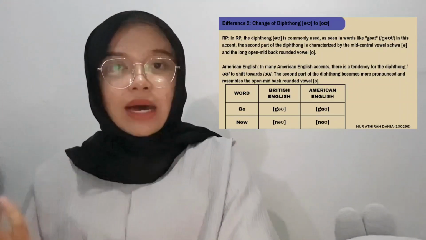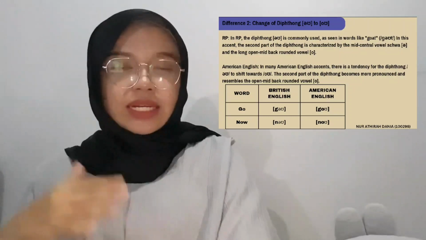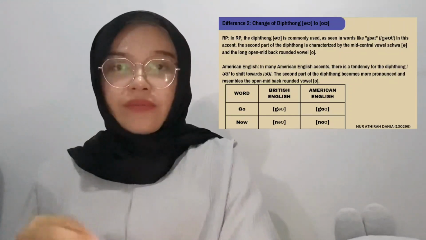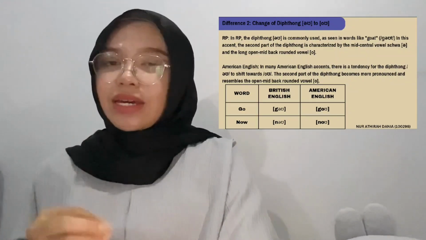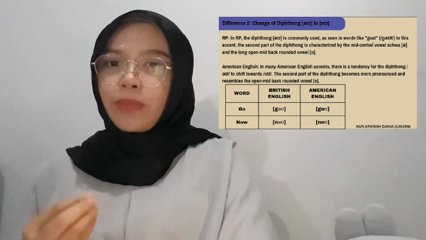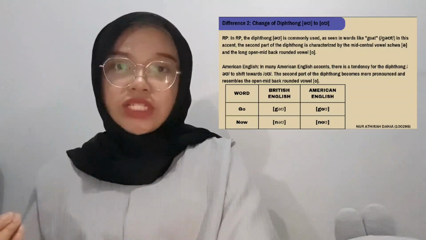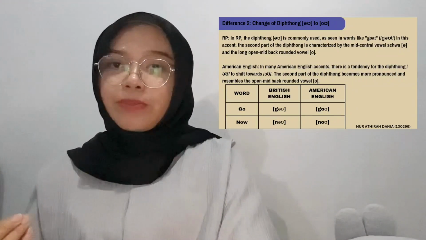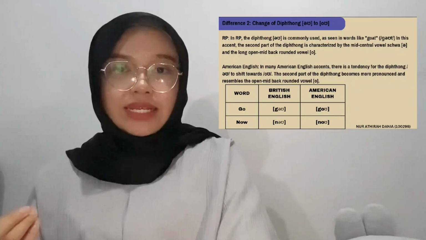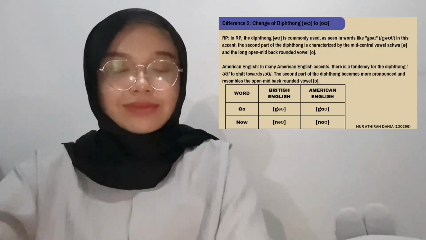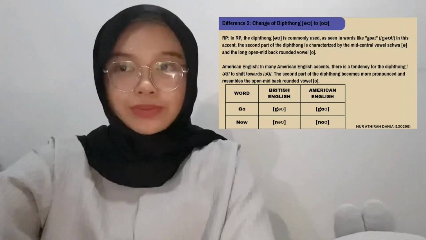In some American English accents, the diphthong tends to shift, with the second part resembling the open mid back rounded vowel. These differences highlight regional variations in vowel pronunciation between these two accents. That's it from me. Thank you.